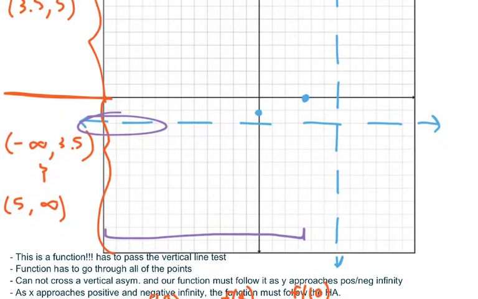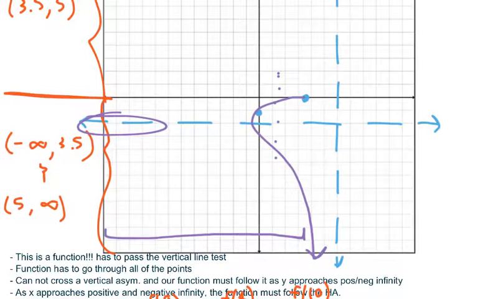So I can't go like this. I cannot do that. While it does go through the 2 points, it doesn't follow the asymptote. It almost looks like it's following a vertical asymptote, but one doesn't exist there, okay? I can't go like this. Well, 1, I crossed over 3.5, but 2, this isn't a function because it doesn't pass the vertical line test.